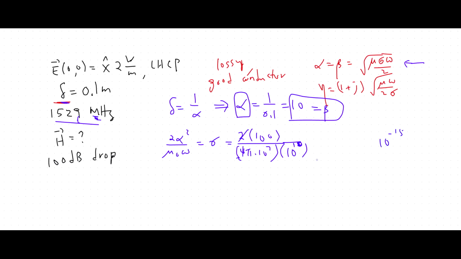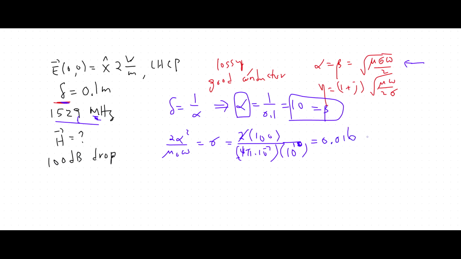Mu naught, is that 10 to the minus 7 or 10 to the 7? Minus 7. Yeah. So it's 0.1. So what is 1 over 2 pi? 0.16. So this is 0.016, assuming it is correct.